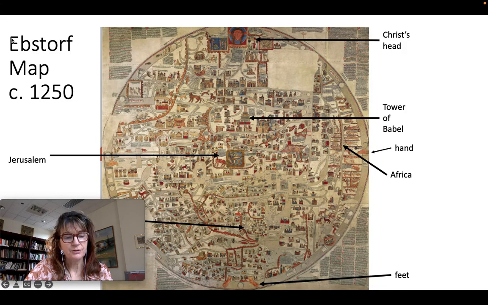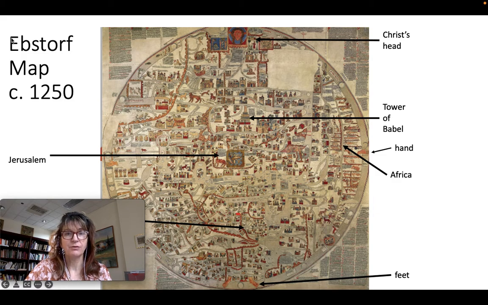This map is similar to several others insofar as you have Christ embracing the world. Here you can see his head at the top, his hands are on each side at the north and the south, and his feet are at the bottom or the west of the world. This particular map is the largest.